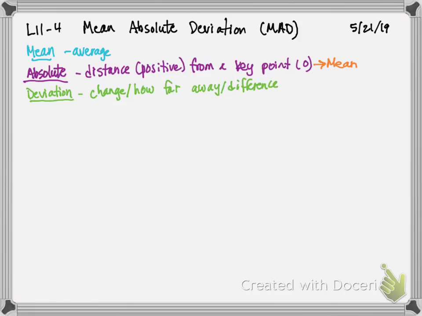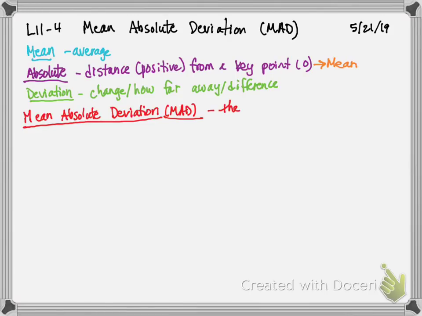So let's put it all together, and we get mean absolute deviation. By the way, you know it's probably going to take 2 pages. MAD. This is the average distance. So far we're talking about mean and absolute.